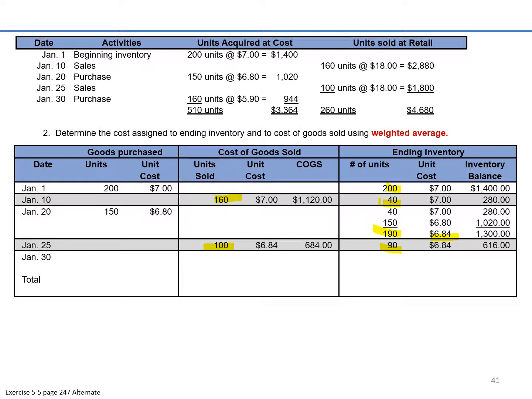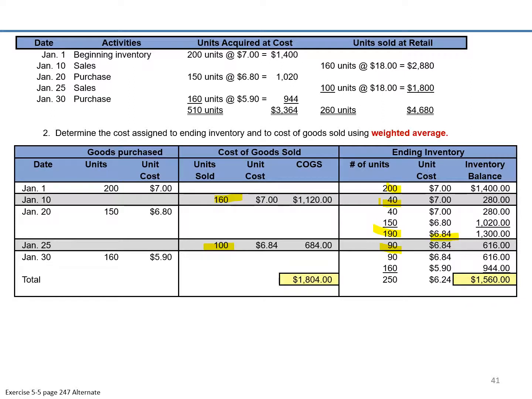Then on January 30th, we bought 160 units at $5.90. So we have our 90 units in our ending inventory at $6.84 plus our 160 we bought at $5.90. So we've got 250 total units at a total cost of $1,560, or an average cost in our ending inventory of $6.24.